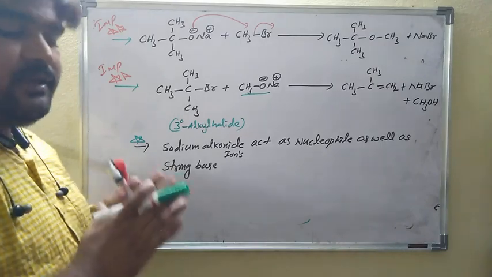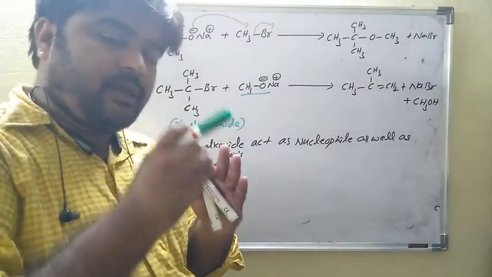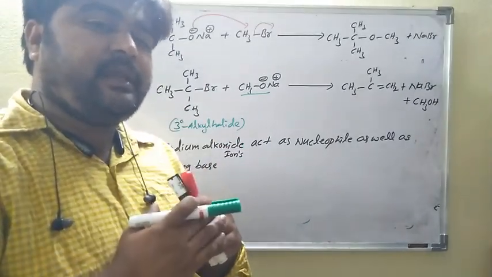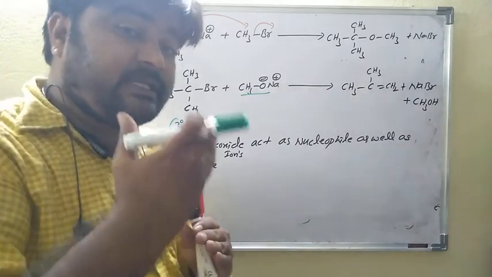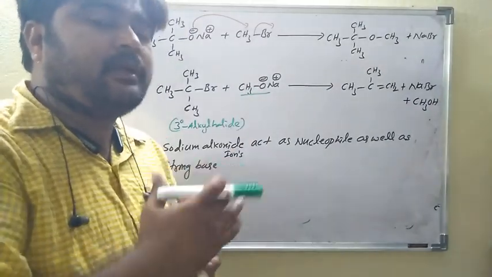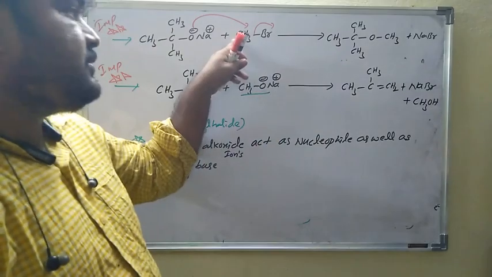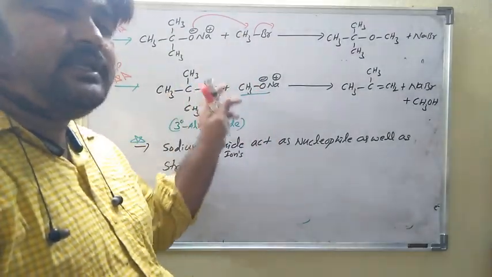Whenever a primary alkyl halide reacts with sodium alkoxide ions, it gives ethers. If secondary or tertiary alkyl halides are involved, elimination reaction takes place over the substitution reaction. Here, because the tertiary alkyl halide is involved, sodium methoxide acts as a strong base, whereas in the primary case it acts as a nucleophile.